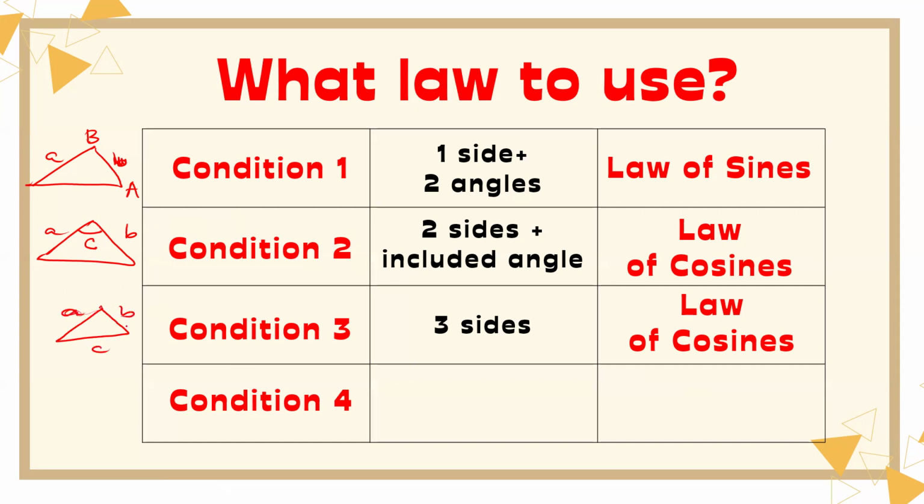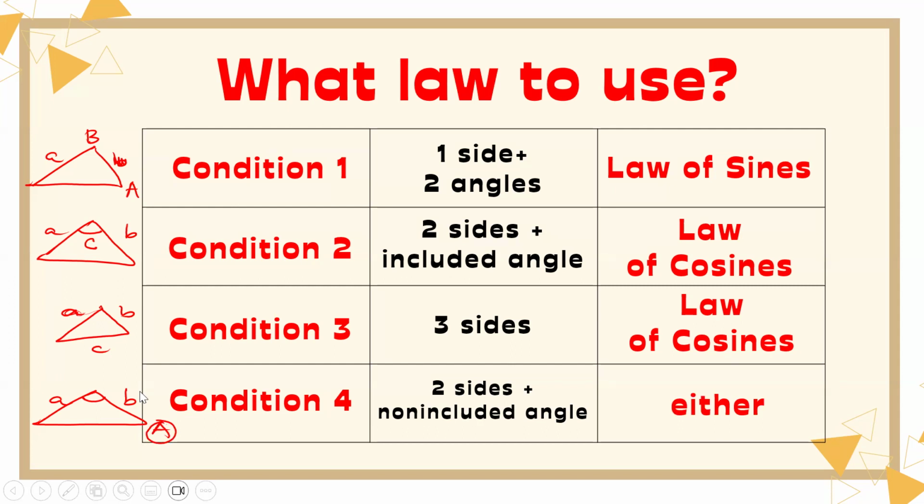And if you have two sides and a non-included angle, so this is the included angle between the given sides, and the non-included angle would be this one, then we can use either of the two laws. So I hope that's clear, and I hope you're able to master when to use these particular laws depending on the conditions given to you for a particular triangle.